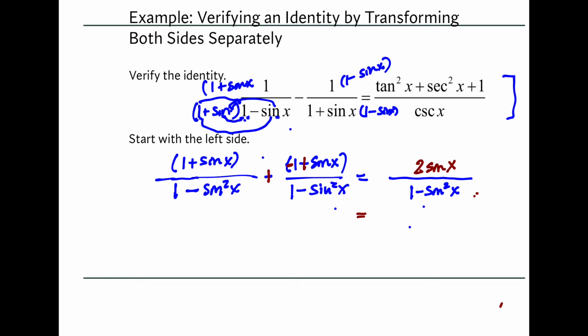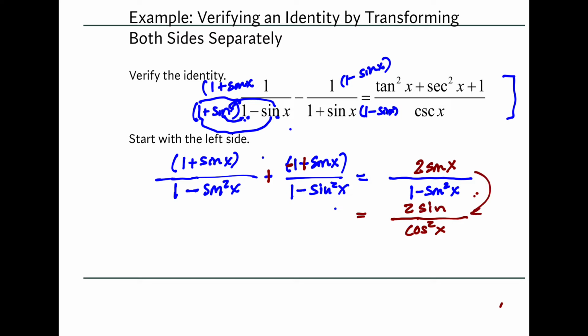Well, 1 minus sine squared x is part of that Pythagorean identity again. So that can become cosine squared x. Oops, I don't know how I accidentally wrote 2 cosine x. I think I was thinking of the results above. Anyway, this is still 2 sine x.